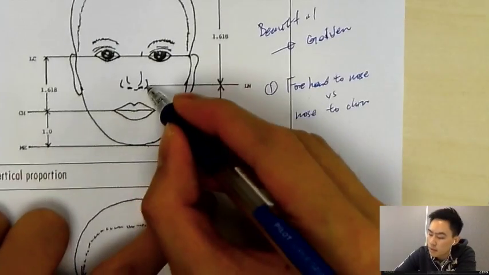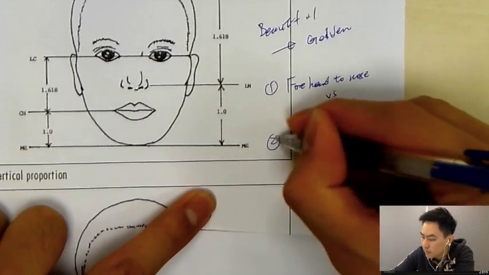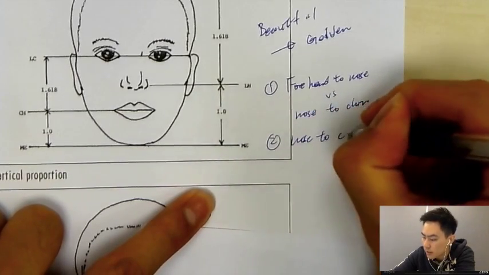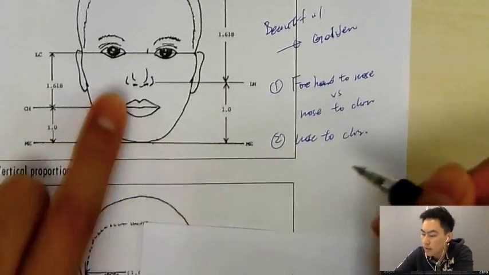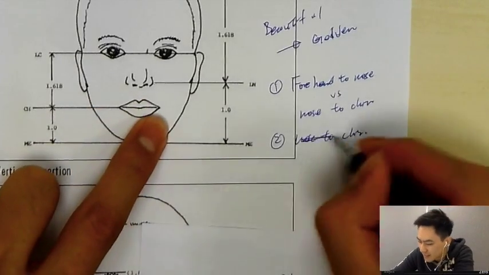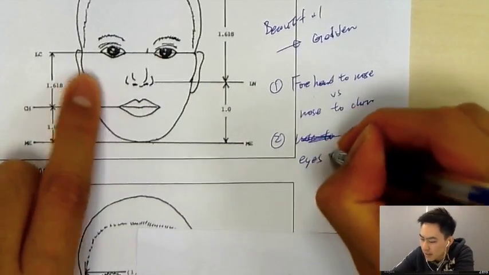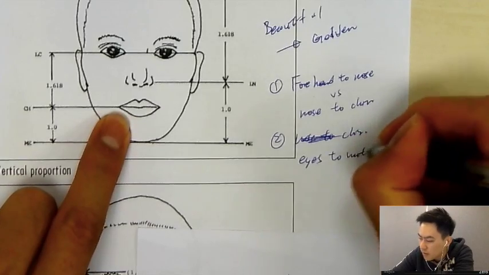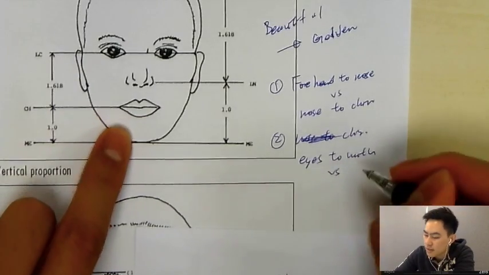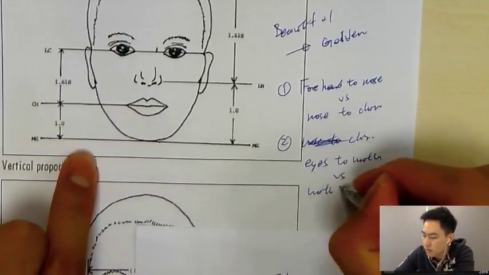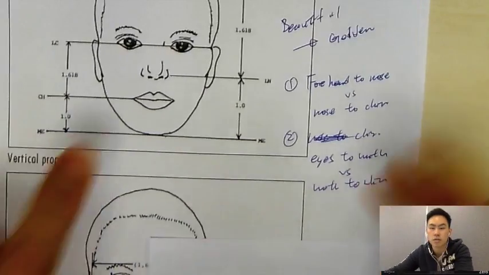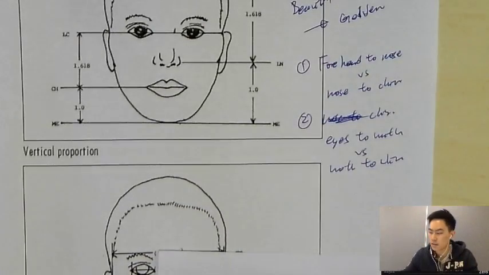For this one it is eyes to the mouth versus mouth to the chin. So right now you have two sets of data, right?